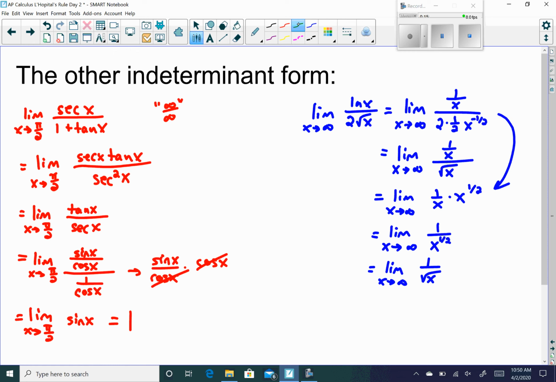This still will become 1 over, in this case, a very large positive number. So as our denominator is getting larger and larger, our whole fraction is actually approaching 0. But if we went back to the very beginning, we would still get that infinity over infinity as x keeps increasing without bound. All right, let's take a look at just one more.